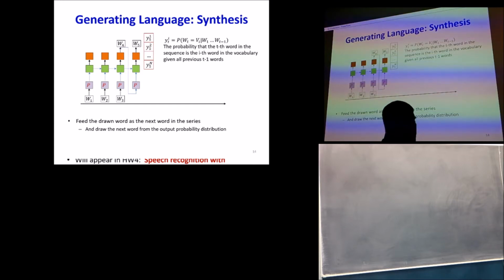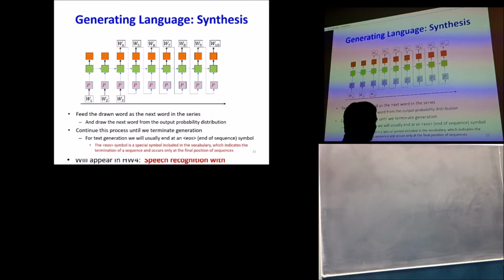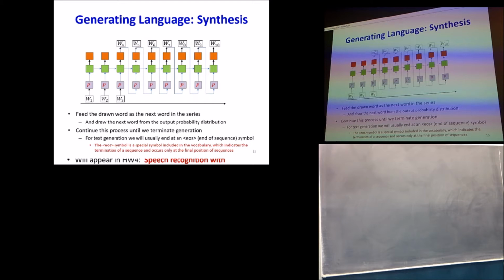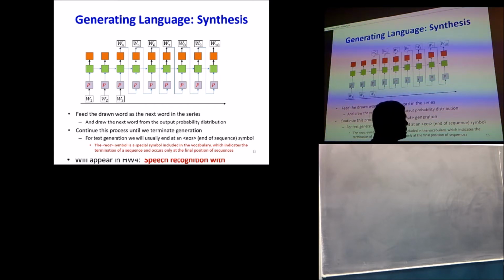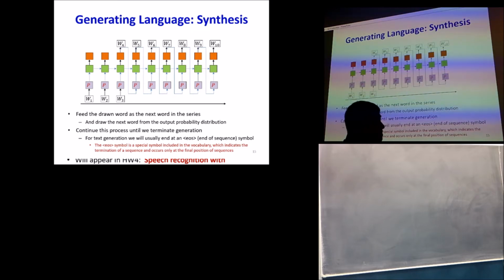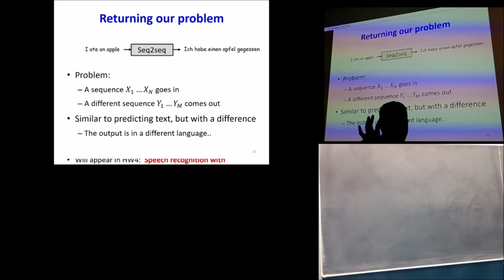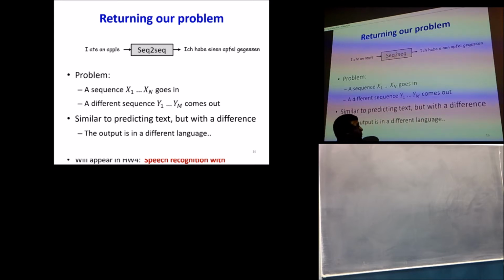And from that, you can draw the next word, and so on, and continue till you actually output a symbol that indicates that the sequence of words has terminated. In all of these problems, we have this special end of sequence symbol, EOS, which is a special symbol included in the vocabulary, which indicates the termination of a sequence, and always occurs at the final position of sequences. So this is the synthesis problem. Keep that in mind. We're going to use it.